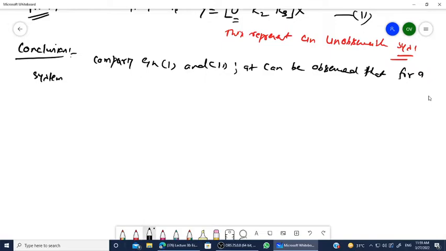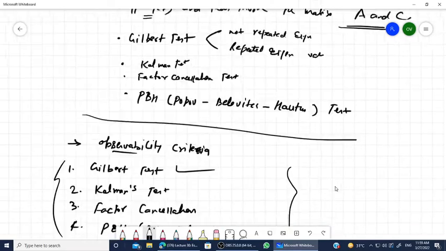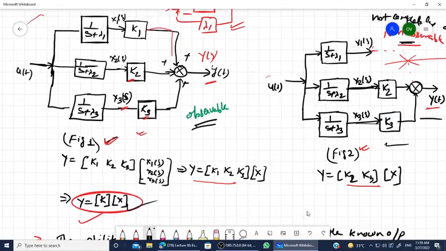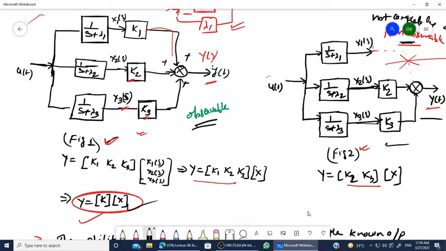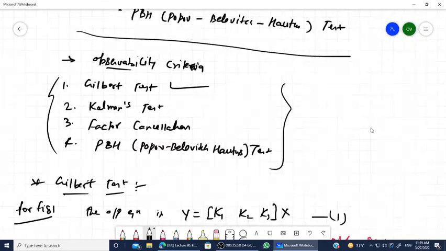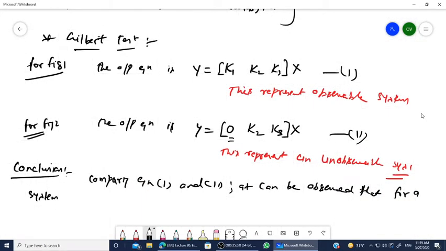One more important thing I have already mentioned in the previous video: the representation in figure number 1 and figure 2 is in the form of a diagonal canonical form. So first of all, if you want to find out whether the system is observable or non-observable, you have to first represent the model equation, the state equation, in the form of the diagonal canonical form.